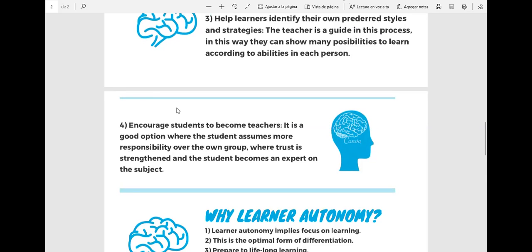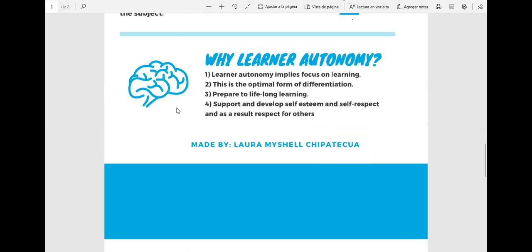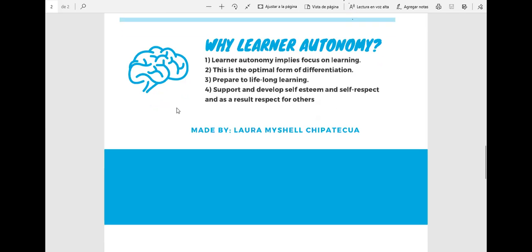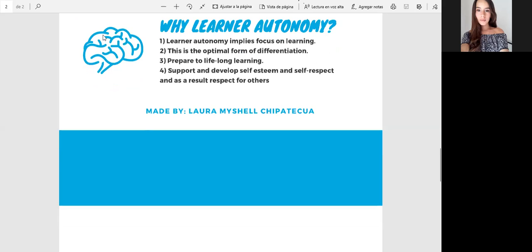And why learn autonomy? Because learner autonomy implies focus on learning, is optimal for individualization. This prepares for lifelong learning and supports and develops self-esteem and self-respect and as a result respect for others. Thank you, that's all.